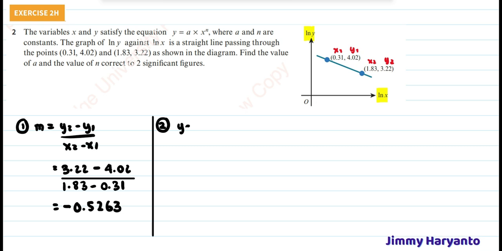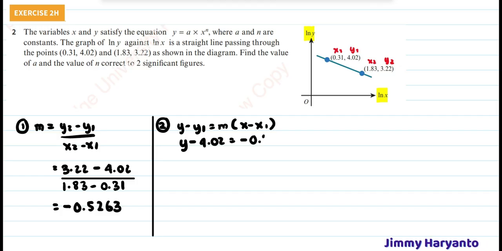The next step will be y minus y1 equals m times x minus x1. You only have to input all of them. Y minus 4.02 for the y1. The gradient is negative 0.5263. X minus x1 is 0.31, and then we only have to simplify this one.